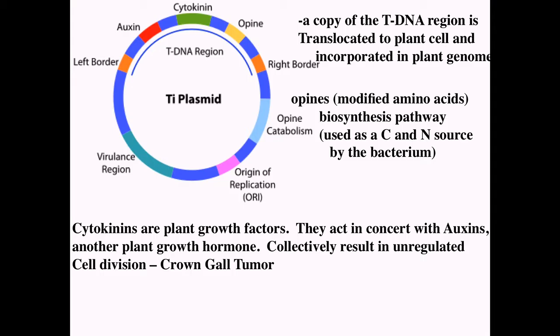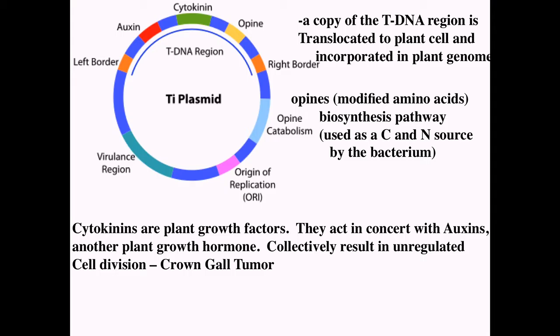And now it's going to be expressed not under the normal control of the plant, when auxin and cytokinin are normally produced to cause cell division, but now it's just going to be produced full-time at the highest rate possible. So the cells are going to divide and divide and divide, and each time those cells divide, they're copying this tDNA.